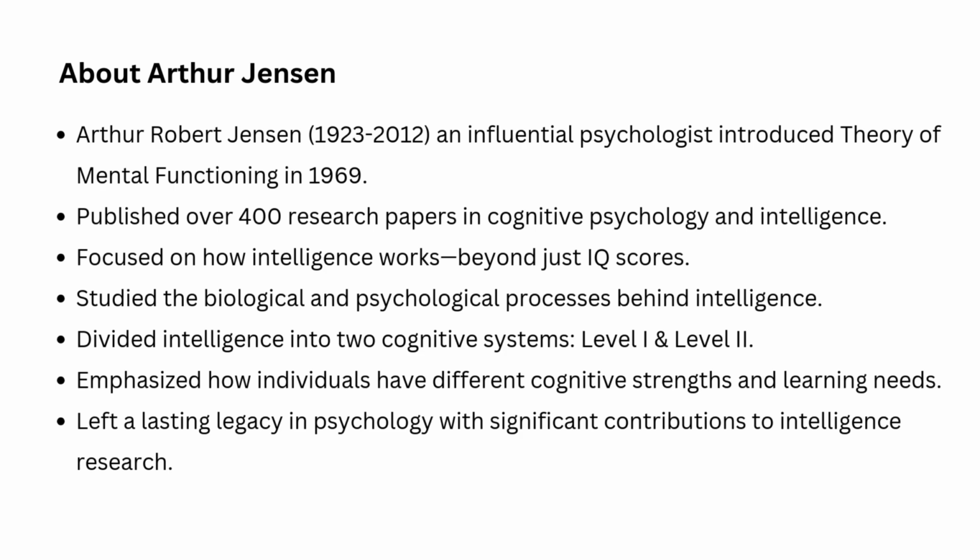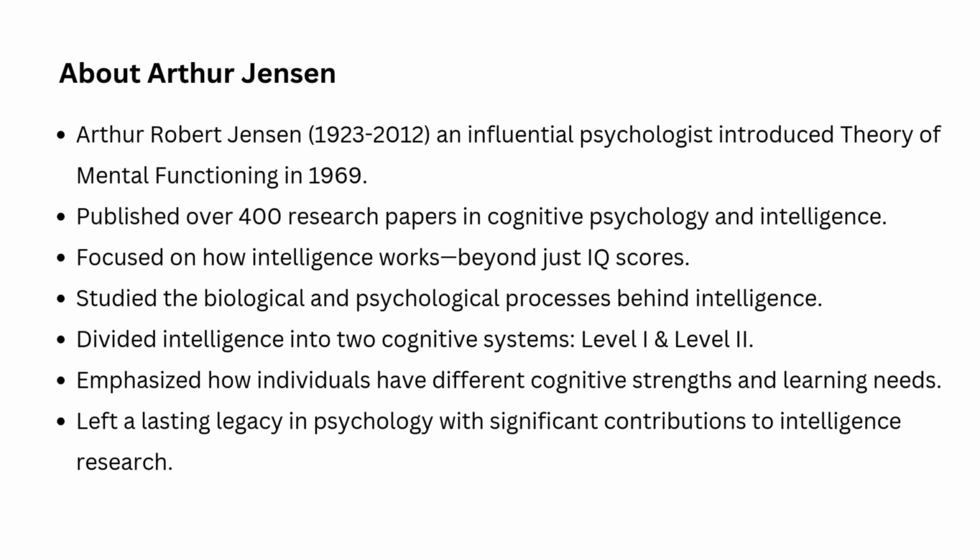Arthur Jensen was born in 1923 and made significant contributions to the study of intelligence throughout his career. One of the major milestones in his work was the introduction of his theory of mental functioning, which he first presented in 1969.